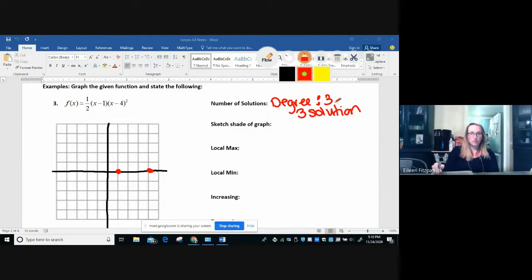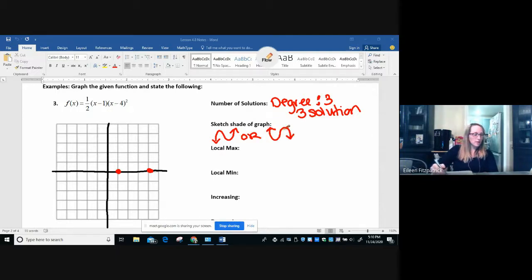If the degree is 3, okay, 3 solutions, if it's an odd degree, what should the arms be doing? Both arms go in the same direction, both ends up, both ends down, one end up, one end down. You should have one end up and one end down, okay? So since you know that it's going to be one end up and one end down, then you have to think, well, is it this way or is it going to be this way?